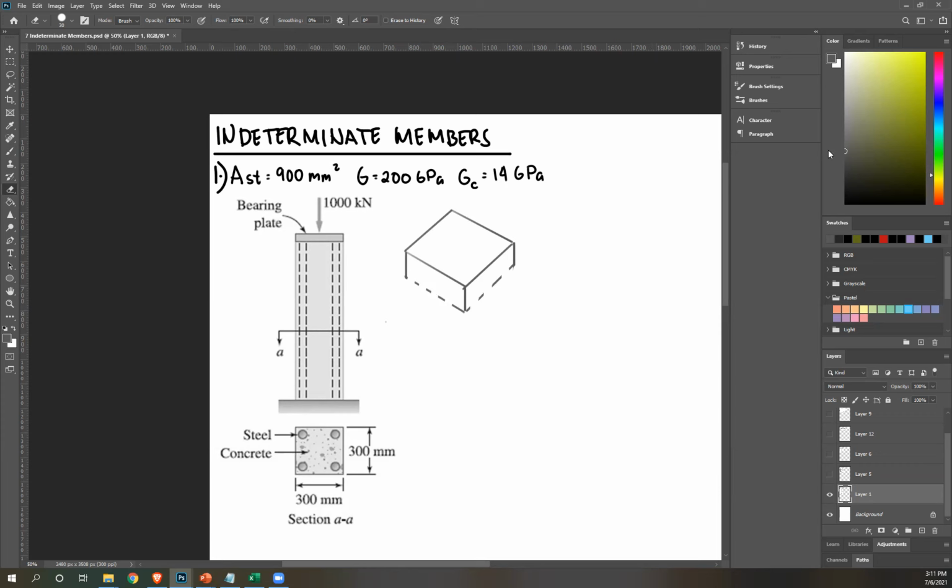So you have your concrete, and then we have steel bars here.